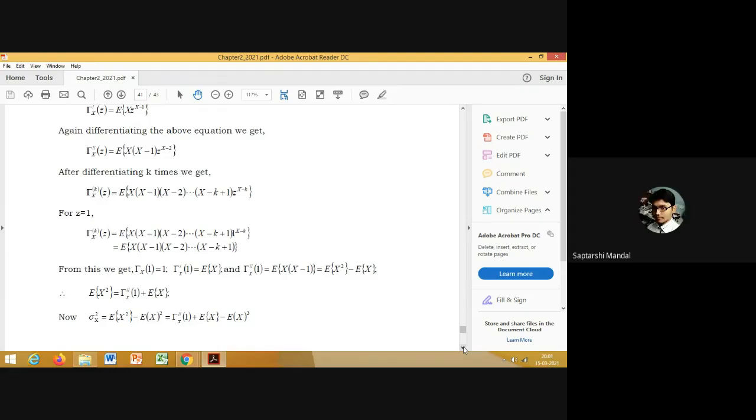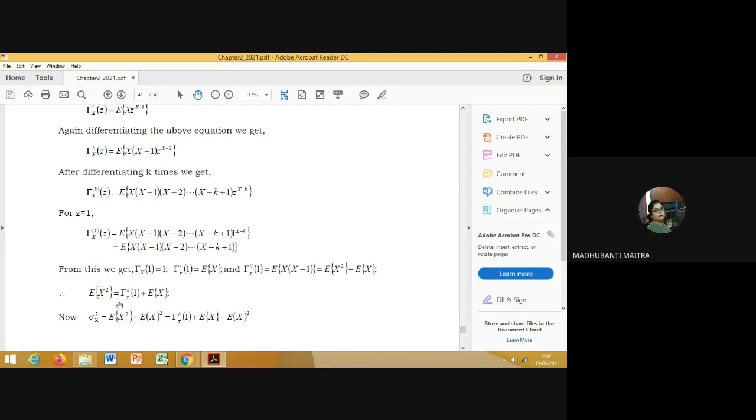So what is sigma x square? If we now try to find the variance, we know that it is given by the expectation of x square minus mu square, or m1 square, that means the square of the expected value of x.